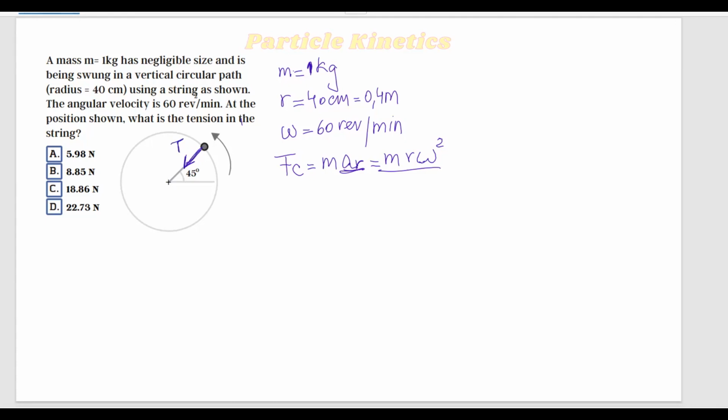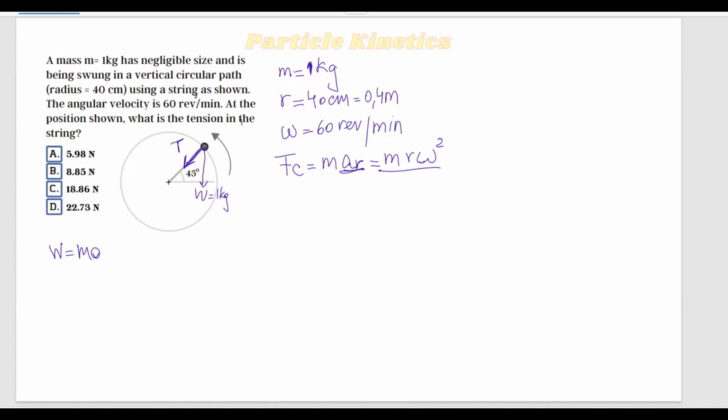At the same time, we have this mass, W is equal to 1 kilogram. Let me calculate weight: 1 kilogram multiplied by G, it's mg. Let me write that down.